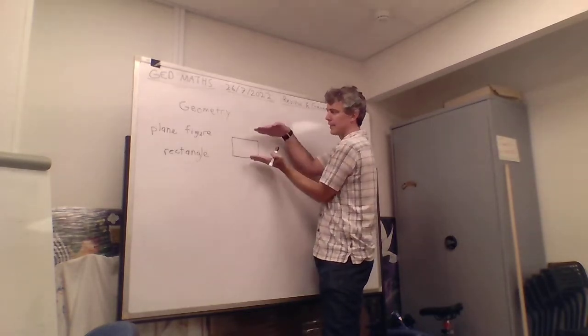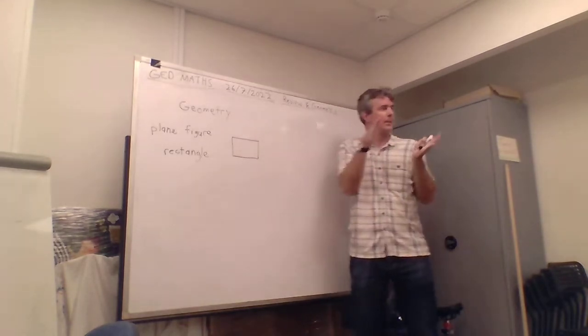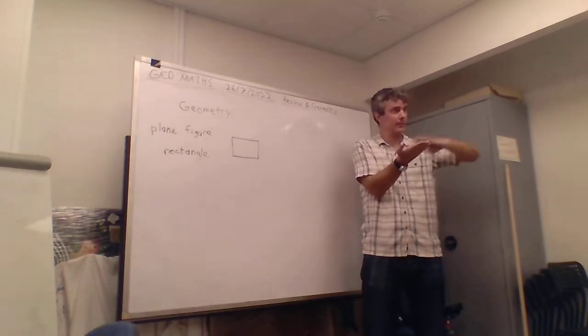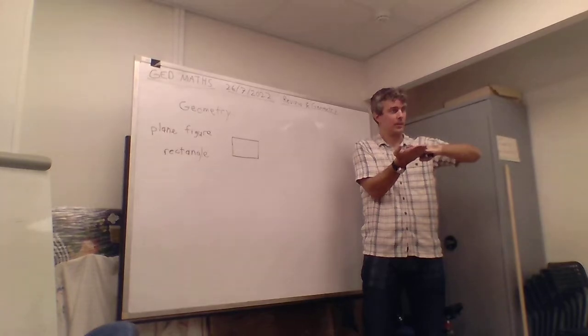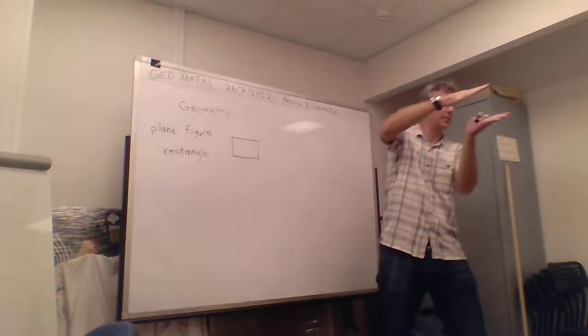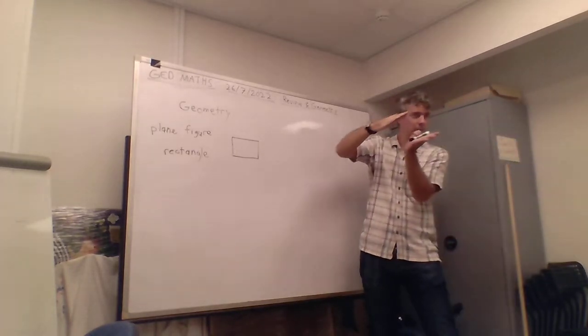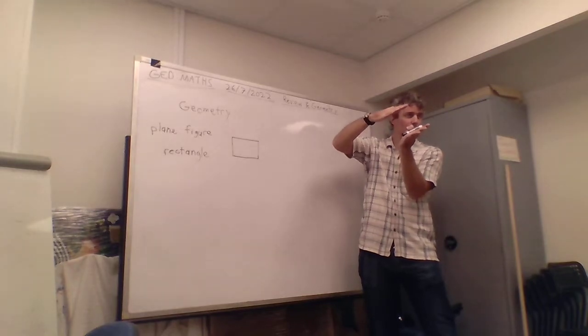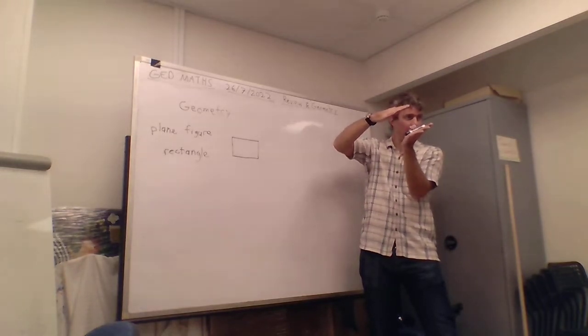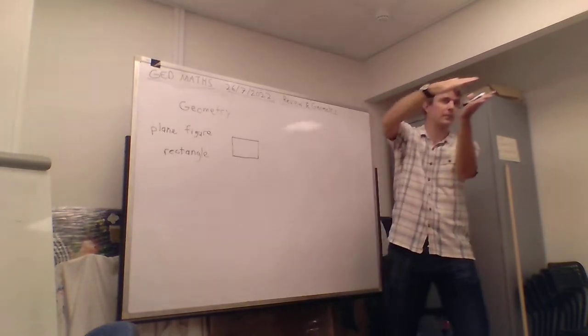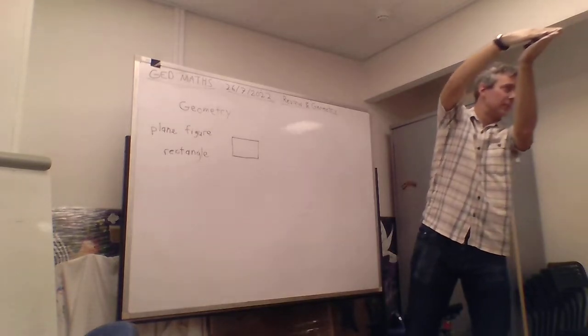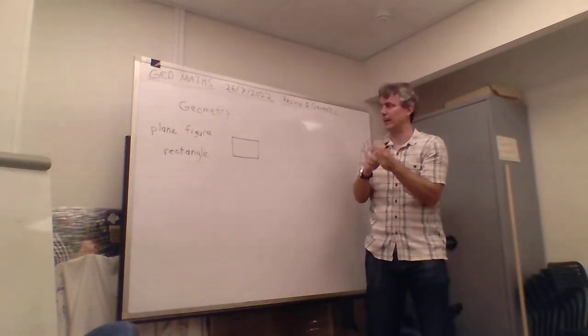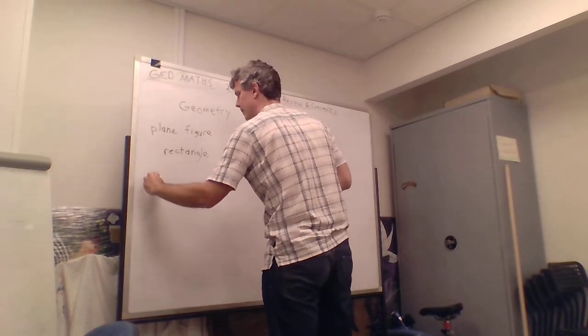A parallel line means two lines in the same plane, but they never intersect. So they keep going the same distance between each other. Because if ever they started going a little bit one closer to the other, at some point they would cross. But because they're parallel, let me write that.